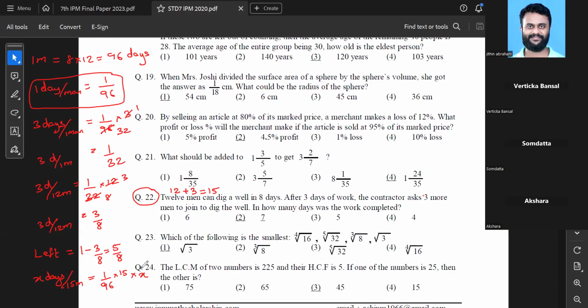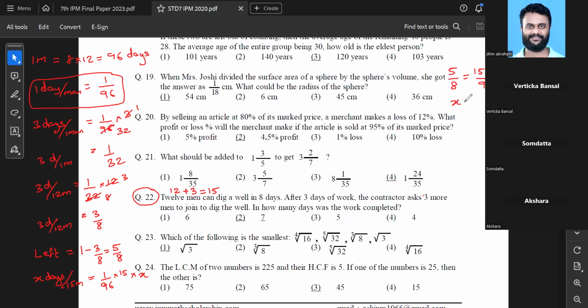Now this fraction of work is going to complete 5 by 8 of the work. So my equation goes like this. 5 by 8 is equal to 15 multiplied by x upon 96. This will be my equation.